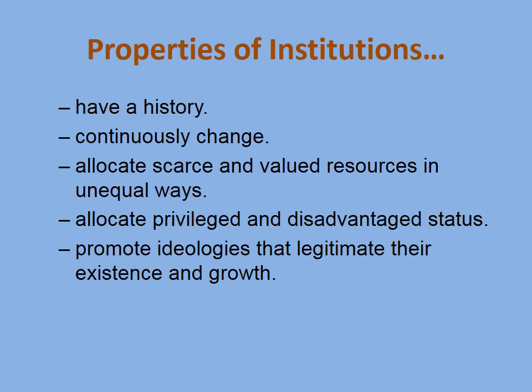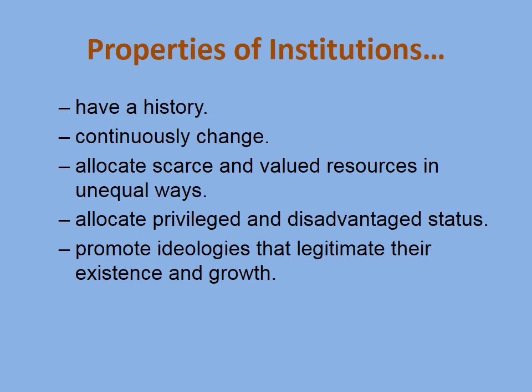Think about the judicial system. Our courts, most certainly an institution. They can confer or allocate statuses of privilege or disadvantage. A judge or a jury can find someone guilty and then bestow the label of felon.